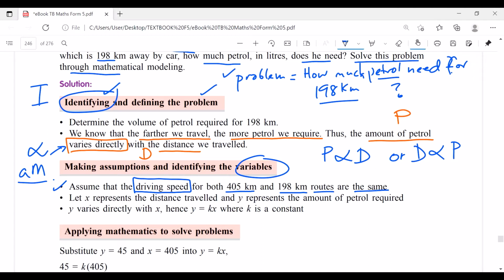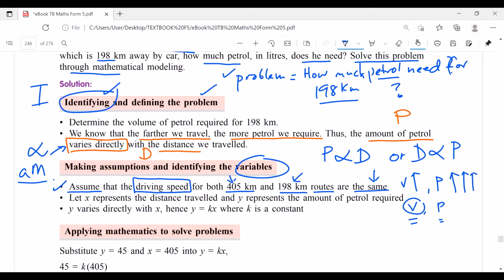If your speed is high, your petrol will also be consumed more. When you have constant speed, your petrol will also be constant. The same amount of petrol will be needed. So we must assume that the driving speed must be the same. He cannot go fast here and then slow here, because the petrol consumed will be different.